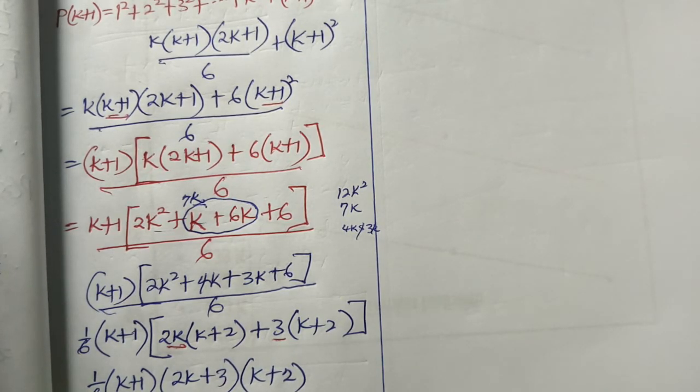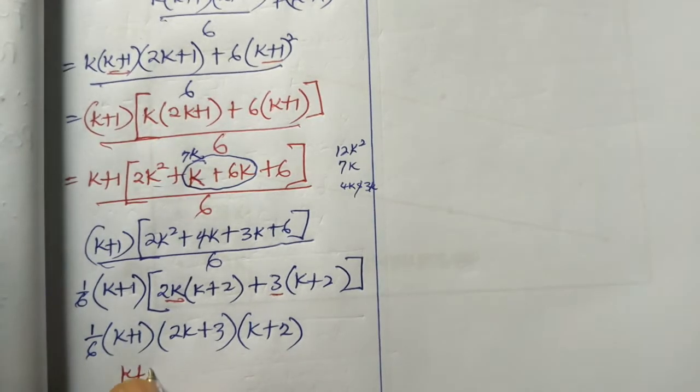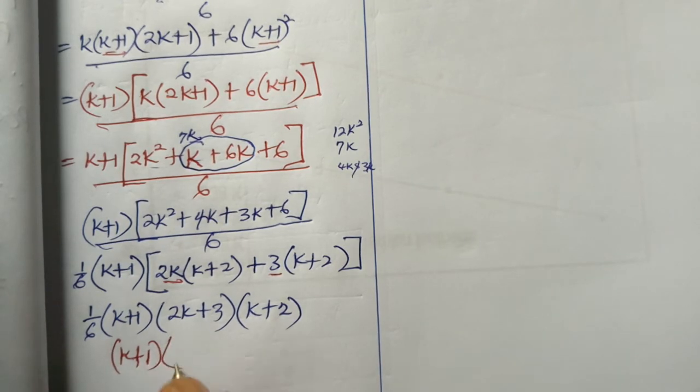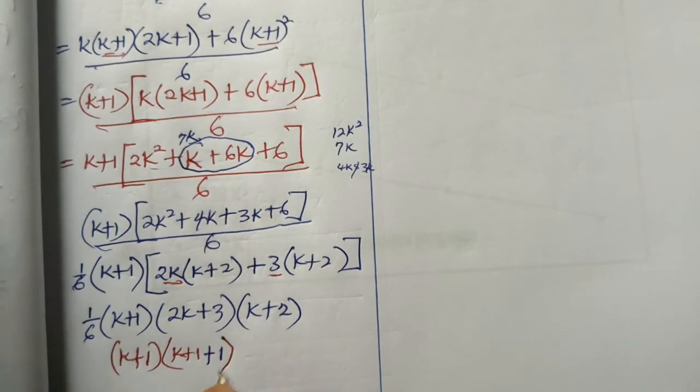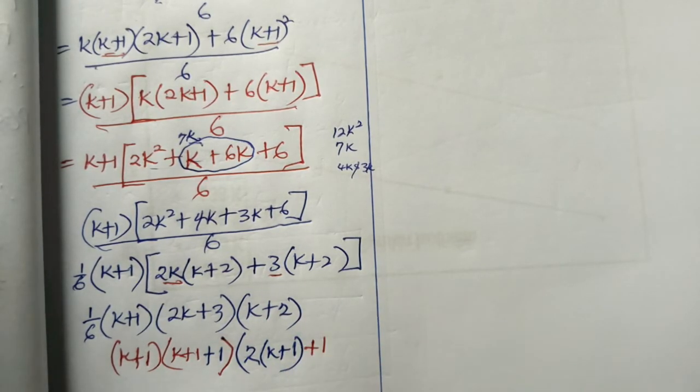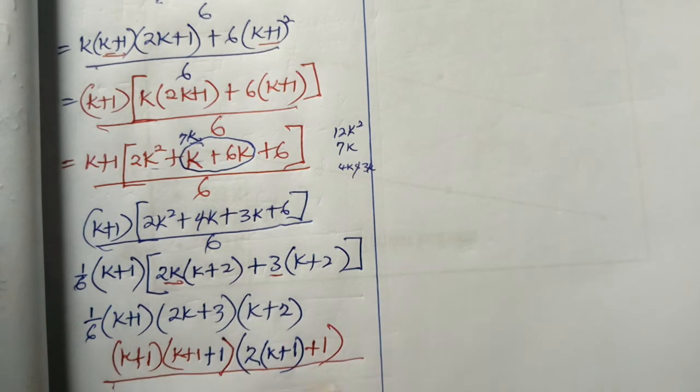So from here you will see that our equation, when we put it in k plus 1, you see that it is k plus 1 into k plus 1, if you like, plus 1, into 2 into k plus 1, plus 1, all over 6.